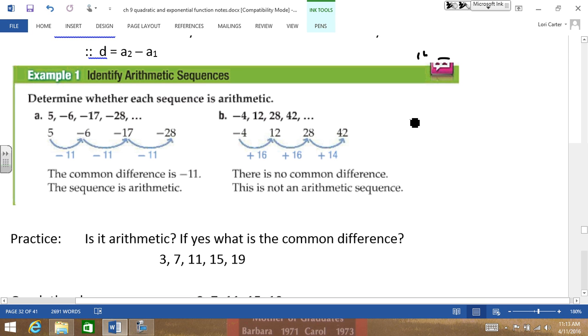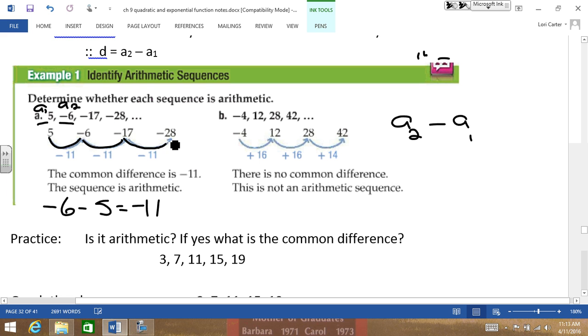It's the second term minus the first term. So here, what's the second term? Negative 6. What's my first term? 5. So you take negative 6 minus 5, which is negative 11. Is it negative 11 every time? Yes.